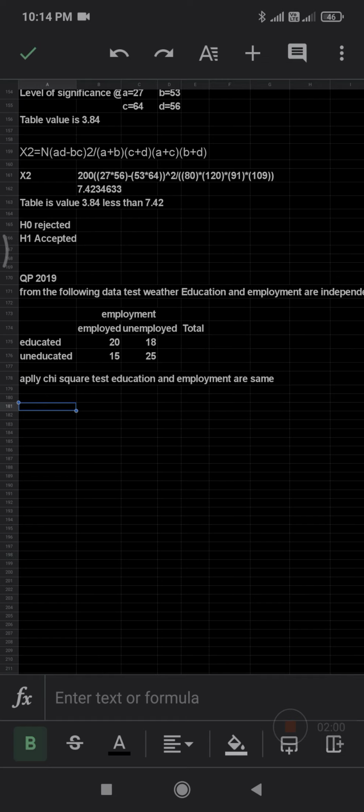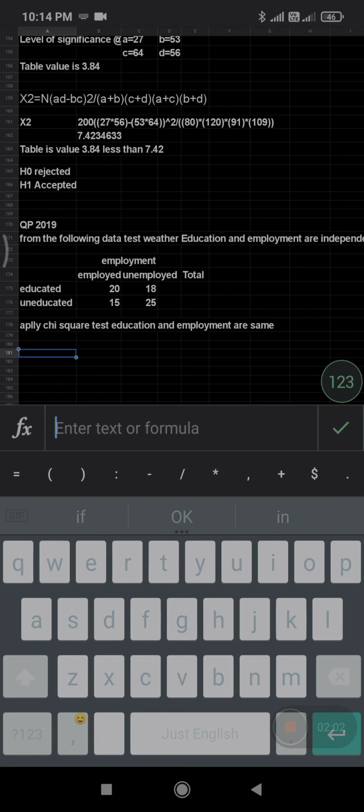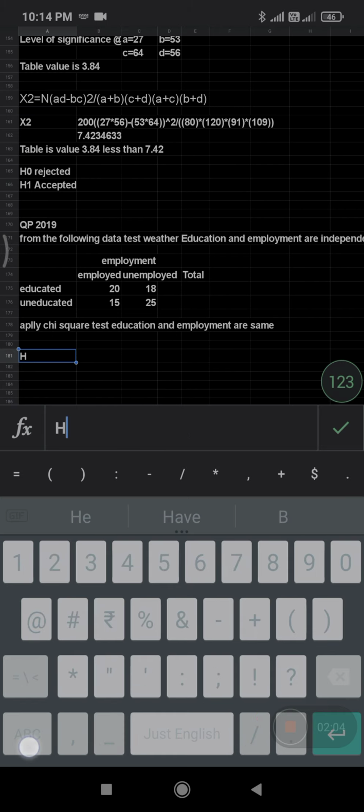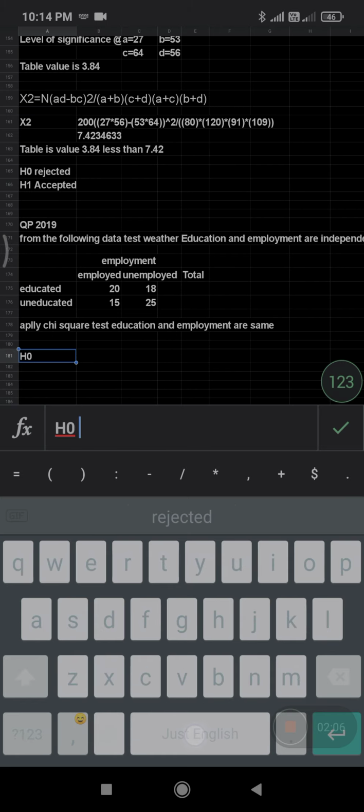Now first, always you should start with the solution. We need to find out first H naught. H naught is nothing but the null hypothesis, the statement given in the question. We have to prove that the null hypothesis is wrong, and for that purpose we need to test the hypothesis.